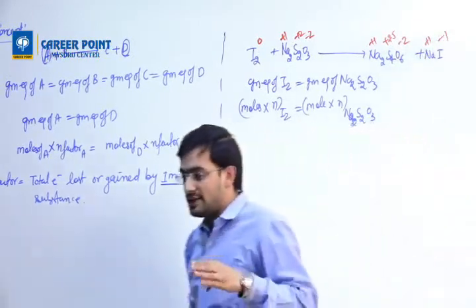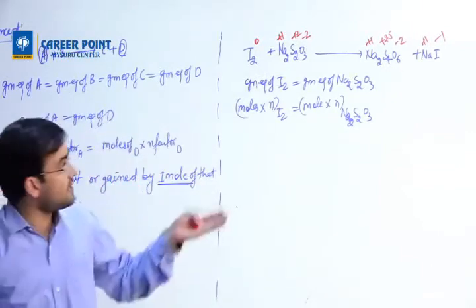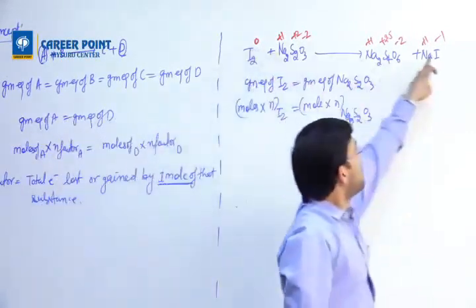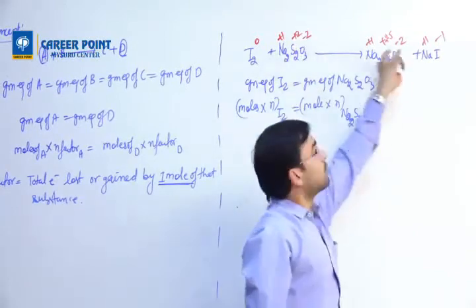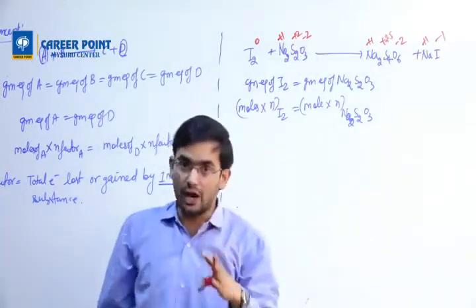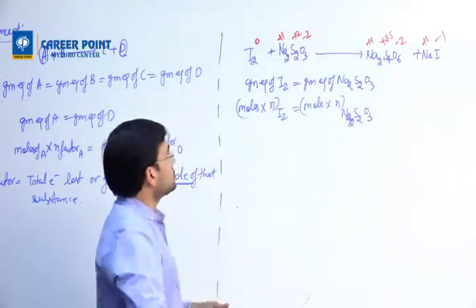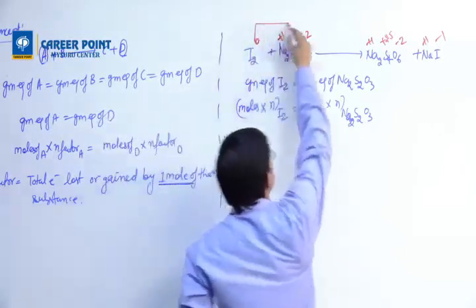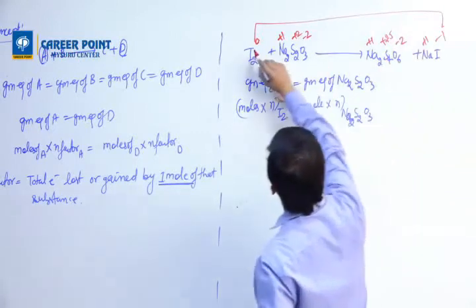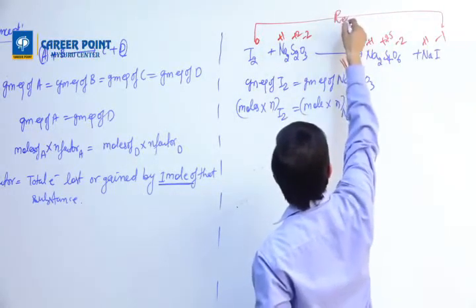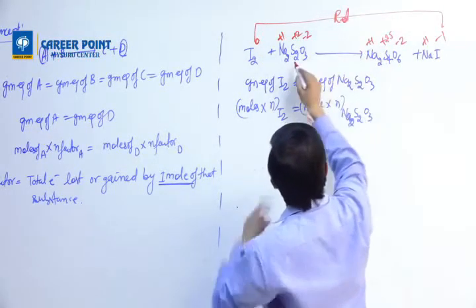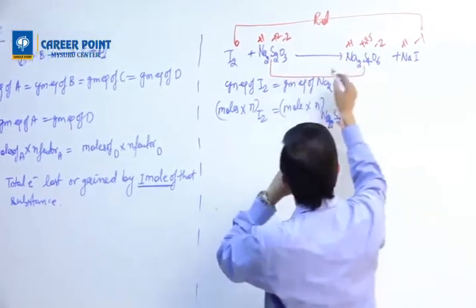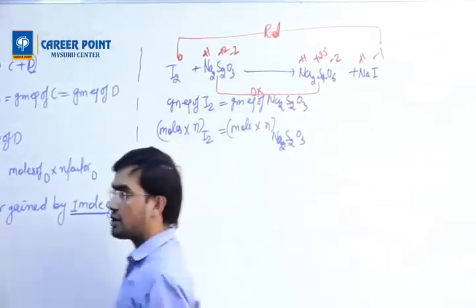Is it a redox reaction? Yes, it is a redox reaction because 0, minus 1, 2, 2.5. Now I can find the change in oxidation number. Iodine 0 to minus 1 is reduction. Sulfur plus 2 to plus 2.5 is increasing, so oxidation.